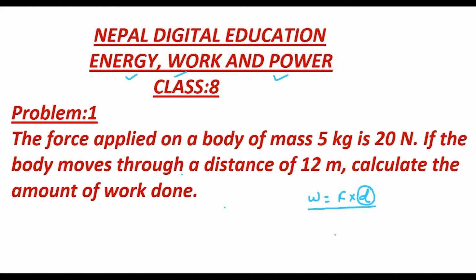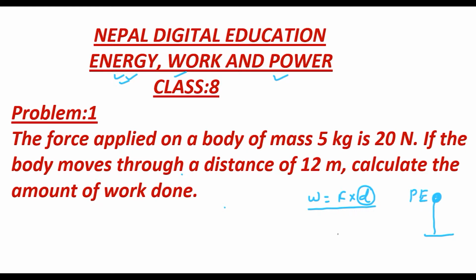And here our topic is energy and power. Energy means capacity of doing work, and energy is of two types: kinetic energy and potential energy. Kinetic energy means energy possessed by a body due to its motion, and potential energy means energy possessed by a body due to its position. If an object is at some height, then the body possesses potential energy.